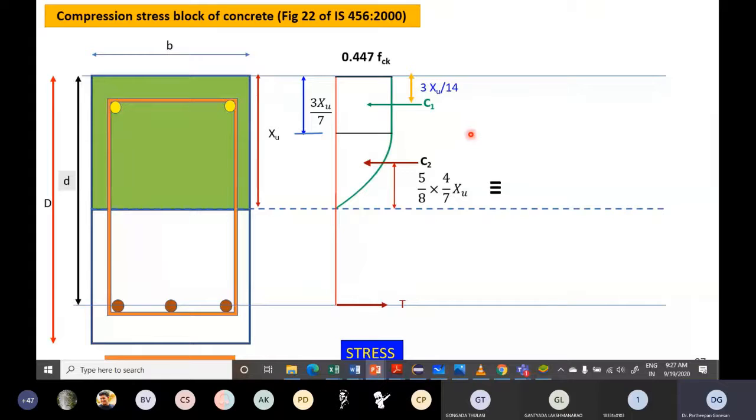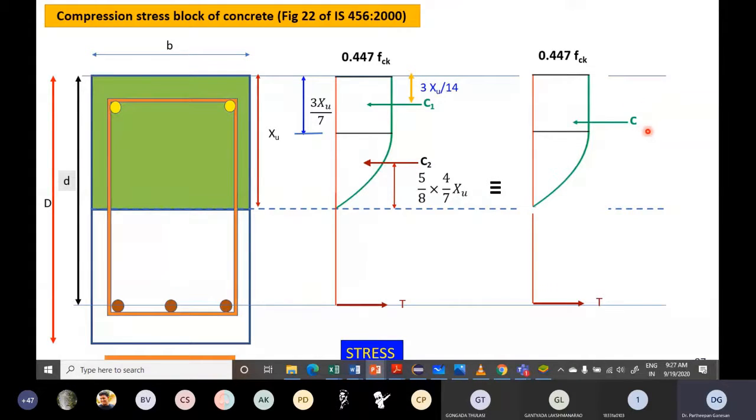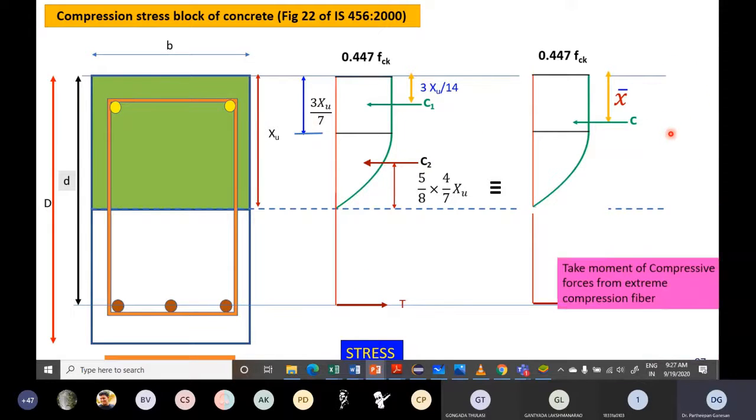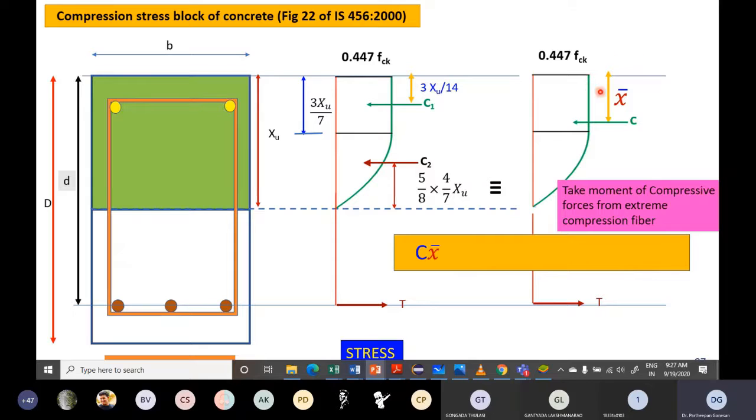So this C1 plus C2 is represented as the total compressive force C. Now how will you find out this x bar? For that you take the moment of all these compressive forces, C1 and C2, from the extreme compression fiber.